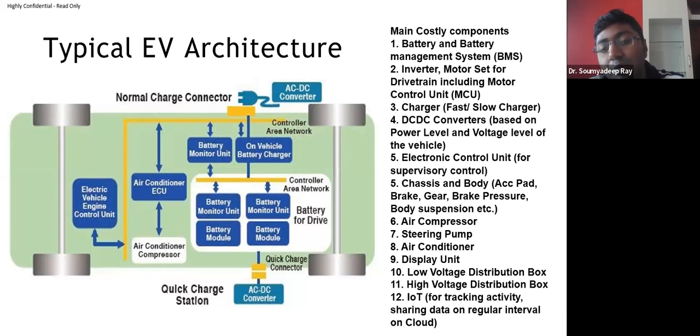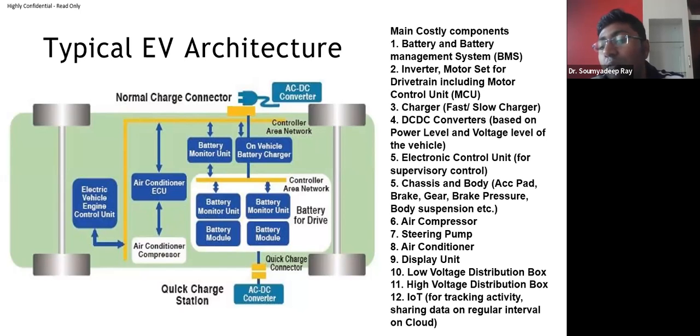Basically, there are some units or controllers running with 12 volt, 24 volt, 32 volt or 48 volt. These are low voltage. So you have to create a distribution where there might be some relays you need to operate which are acting on 24 volt. So these are part of the low voltage distribution box.